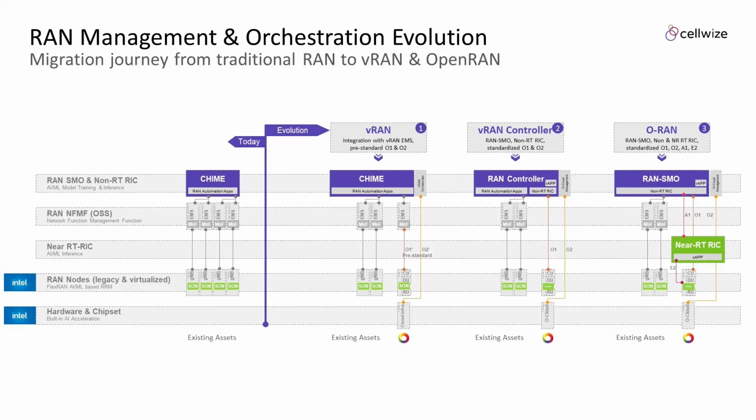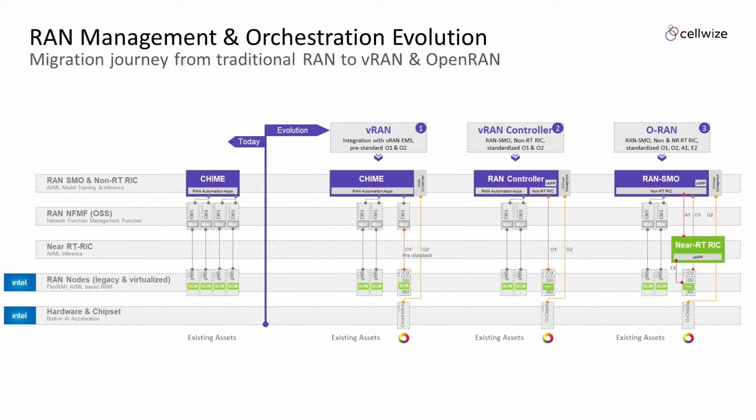We are in an interesting time. From a RAN perspective, there's an interesting journey that we're all embarking on from all sides of the equation, moving from the traditional RAN initially towards vRAN, and finally reaching that end state of Open RAN.